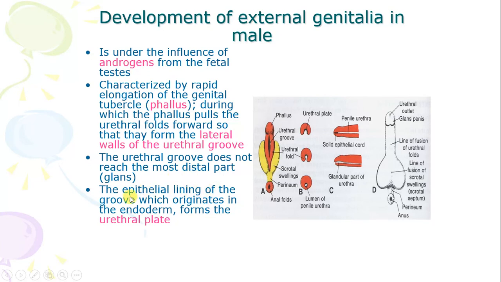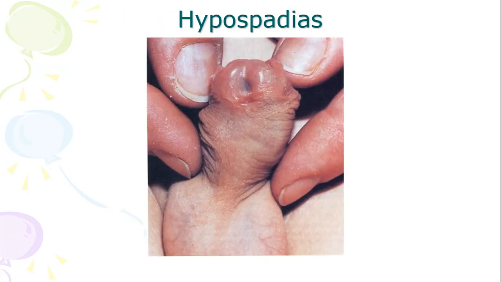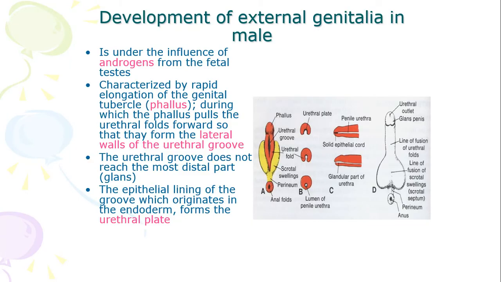The epithelial lining of the groove, which originates from the endoderm, forms the urethral plate. So this phallus part will give rise to the penis.